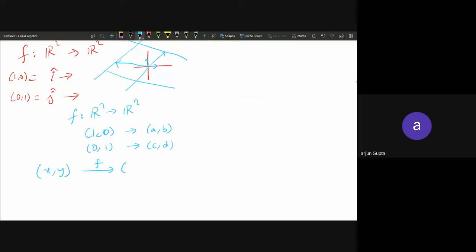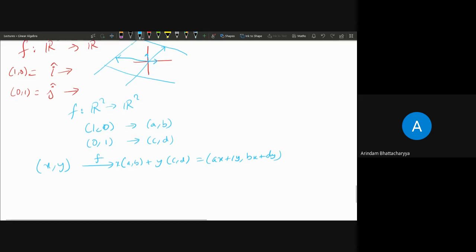It goes to x times (a, b) plus y times (c, d), which is (ax plus cy, bx plus dy). And I can represent this as a matrix, right?